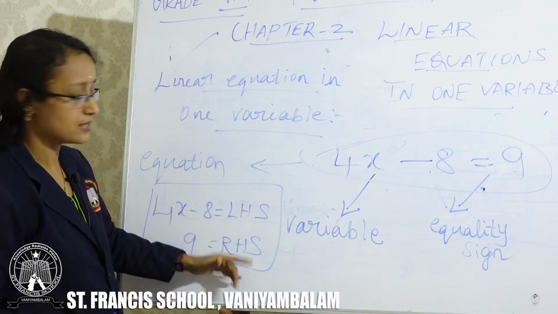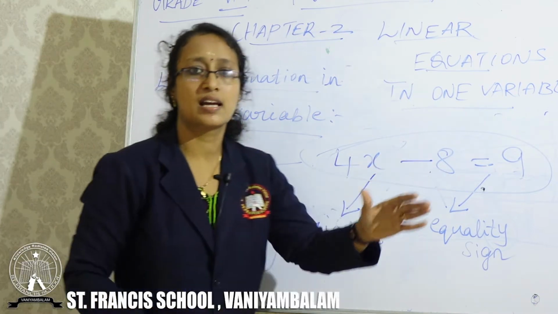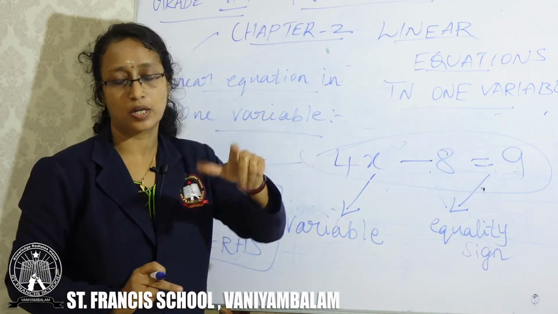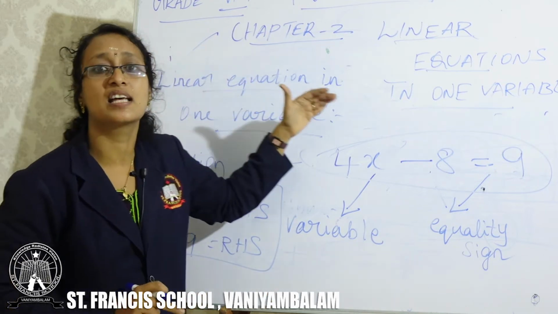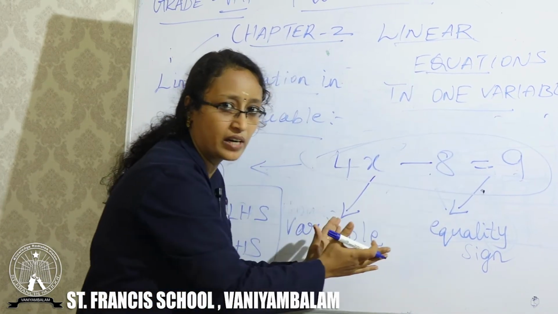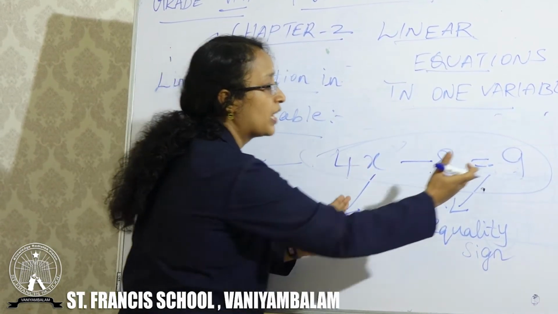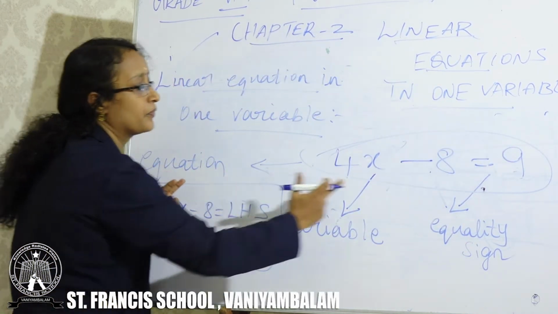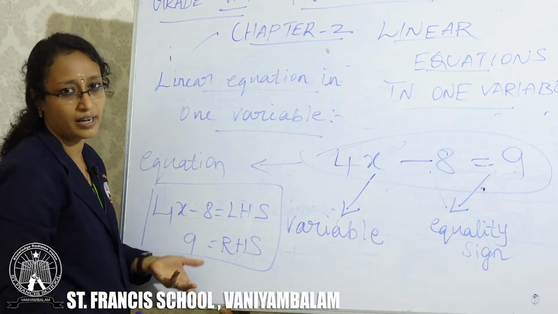So you know what an expression is, what an equation is, what an algebraic expression is, what a linear equation is, and now what a linear equation in one variable is. In it, the variable is given and this is the equality sign. Altogether you call it an equation, and 4x minus 8 is the left hand side and 9 is the right hand side.